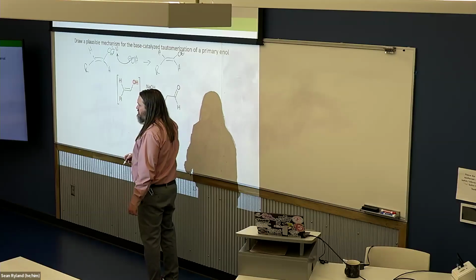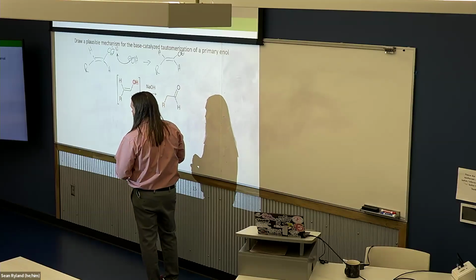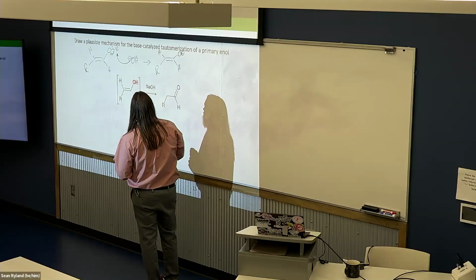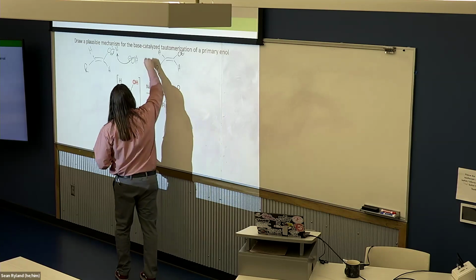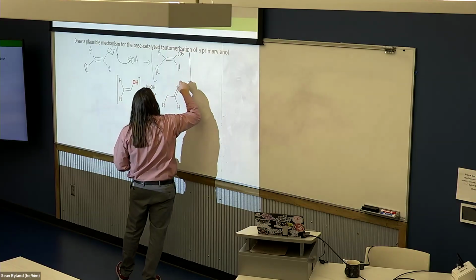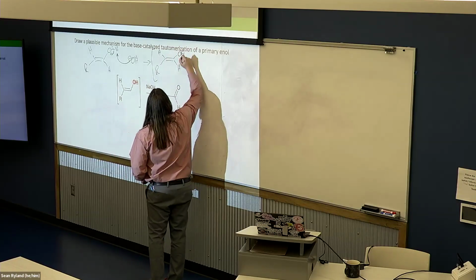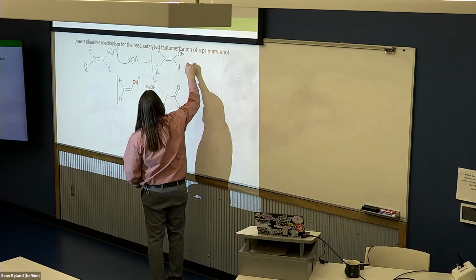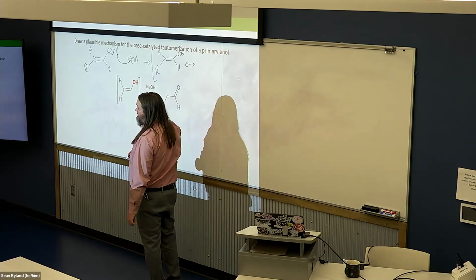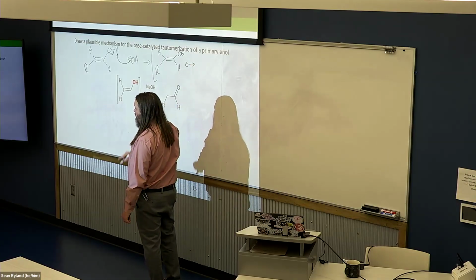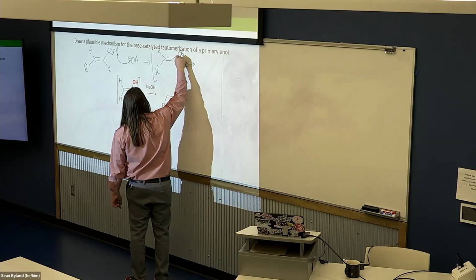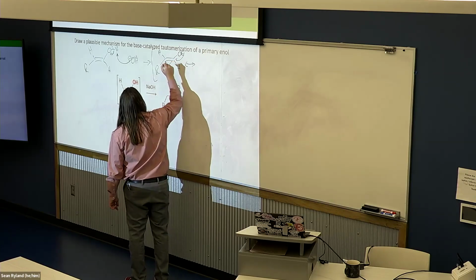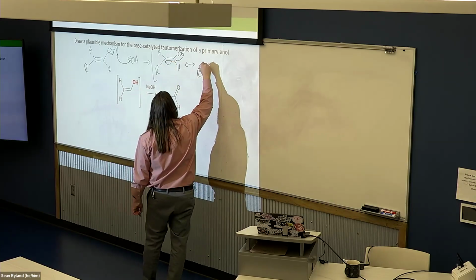Is that going to have a resonance structure? Oxygen, right? It does. But moving the hydrogen wouldn't be a resonance structure, because resonance structures are only moving electrons. But we could do something like that.